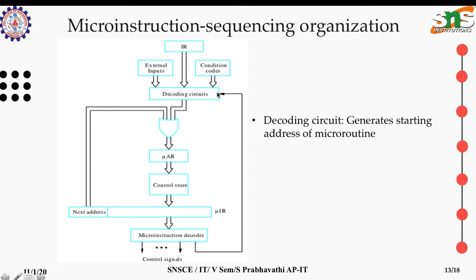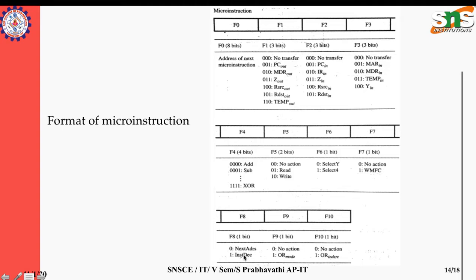When the F8 bit is 1, it means the current instruction is giving an output to the next instruction.